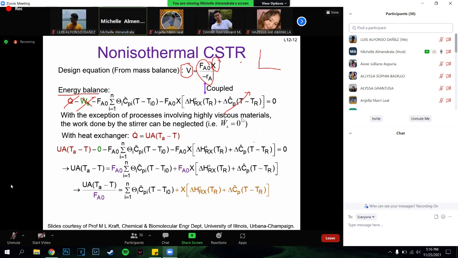So rearranging this based on the definition here with Q. No shaft work, but there is a Q involved. This is the amount of heat that must be absorbed by the cooling system. And this is actually the heat involved for the reaction plus the heat involved to change the temperature of your reactant from Ti0 to T.